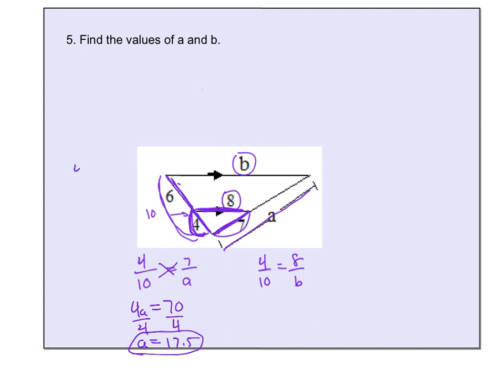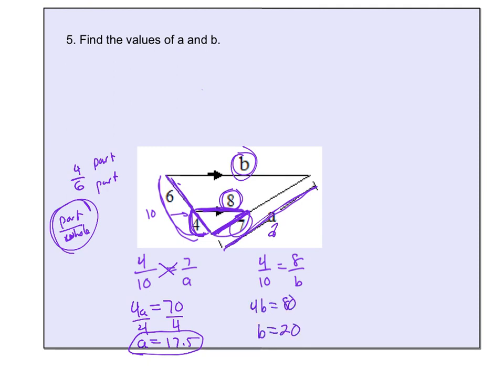The reason I didn't go 4 over 6 is because that would be part over part, and I want part over whole, because that's what the other two sides use. So I have 7 over A, and then 8 over B. So 4B equals 80. B would then equal 20. There's my answers.